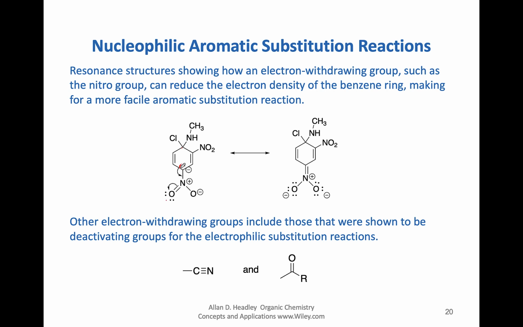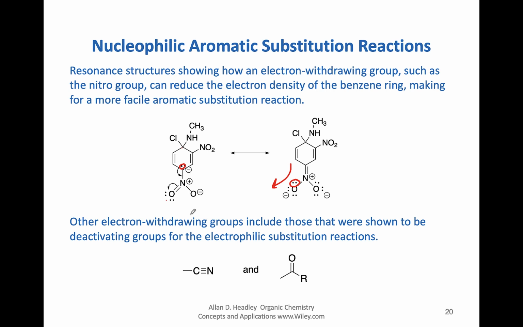So here are these electrons here, and here they are. So we're moving electrons into the oxygen from the ring, making the ring electrophilic so that the nucleophile can attack the ring.